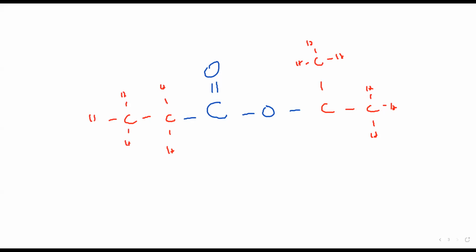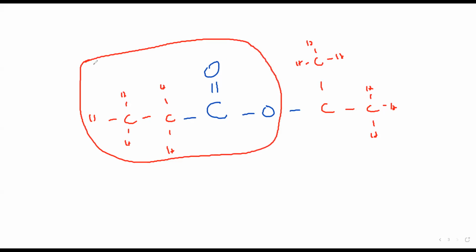So how to do this question? First, for a carboxylic acid, we break till this point, including the C double bonded O. So we'll put CH3, CH2, C double bonded with O, OH. This is the structure of the acid.